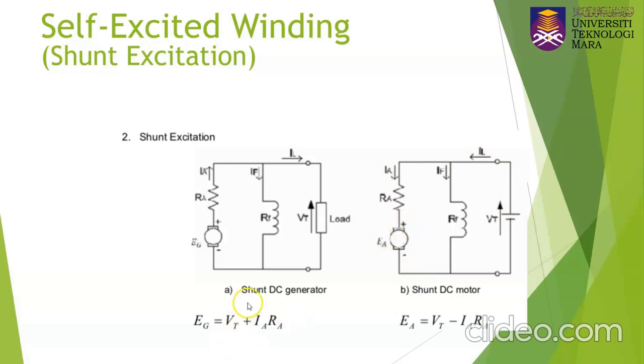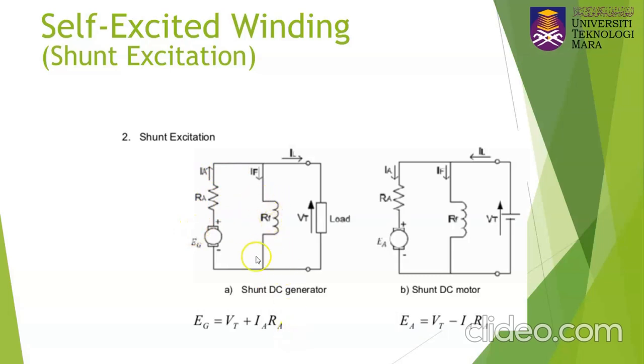For example, if we apply the KVL across this loop, from this point to here and then until here, we get the equation EG equal to VT plus IA multiplied with RA. So here is the voltage drop across the RA, IA multiplied with RA.